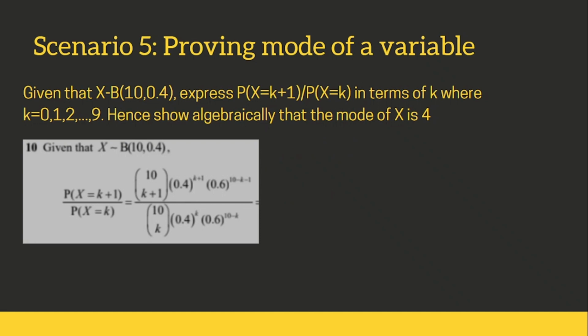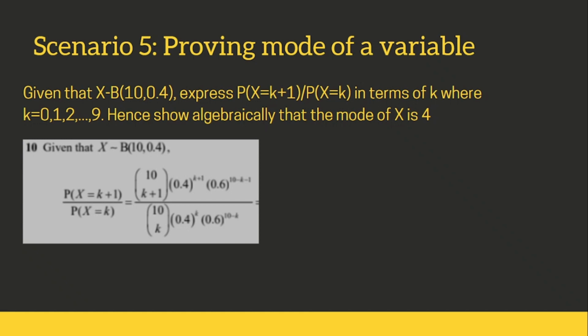So first thing first, we're going to break down what P(X = k+1) is, as well as what P(X = k) is. So what happens is that if you look at your MS26, you see that the formula for binomial is that it's going to be 10 choose k+1 times the probability of success to the power of n times the probability that it is a failure to the power of the sample size 10 minus the number of times we get the x.